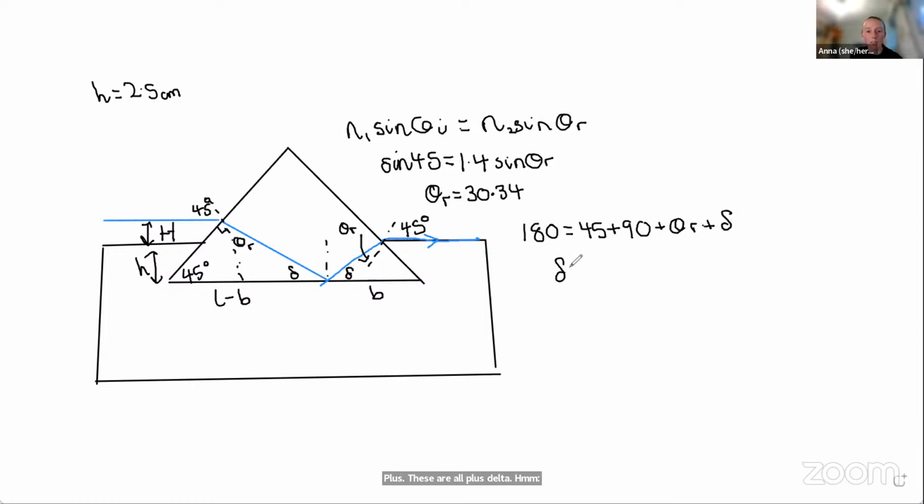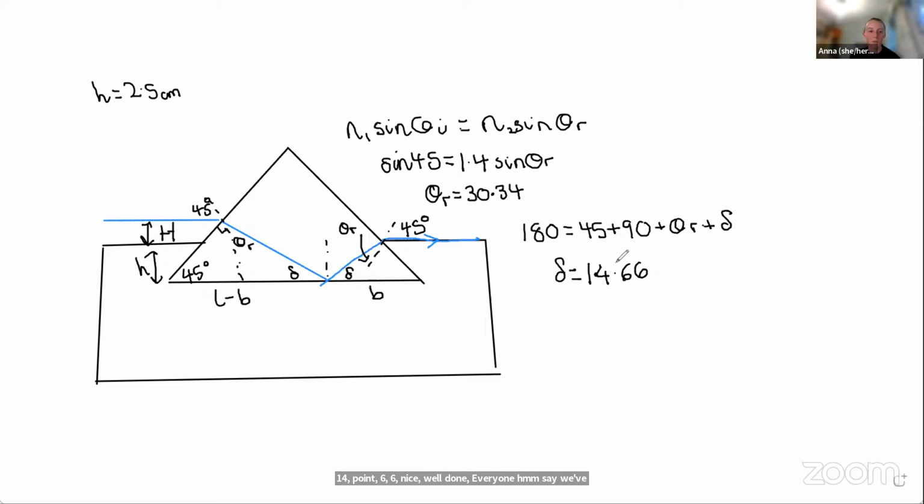So who can tell me what delta is to 2 significant figures? Sorry, 2 decimal places. 2 significant figures is not enough. 14.66. Nice, well done everyone. So we've got 14.66.